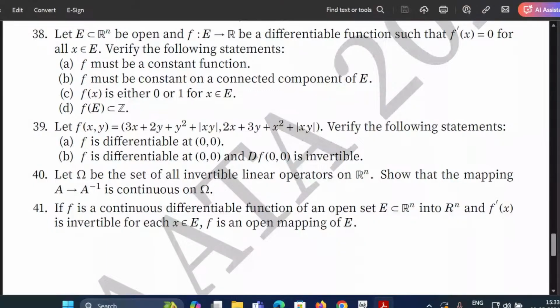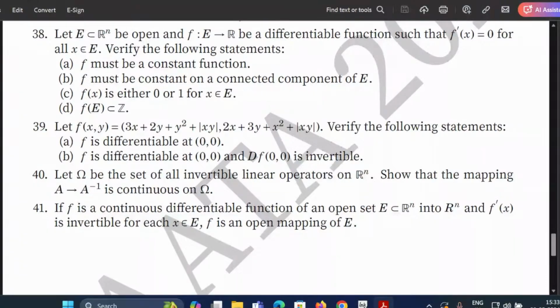One connected component is constant. No, we still can't say that, because again you have to prove it. We only proved the result that on a convex set, if the derivative is 0, the function is constant.